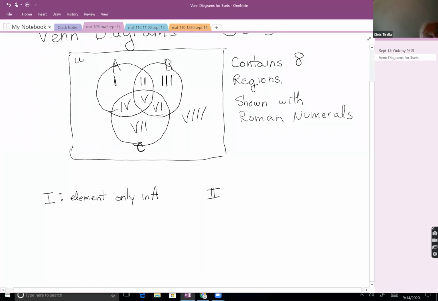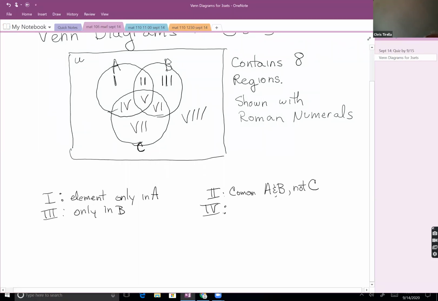It would be common to A and B, but not C. What would be in region 3? Just B. Elements only in B.